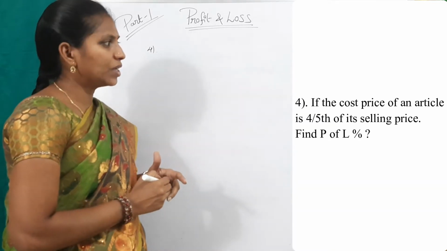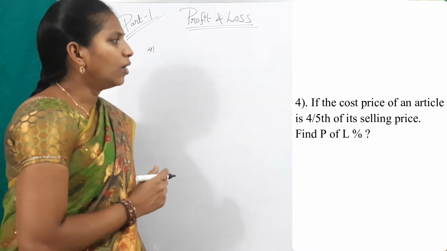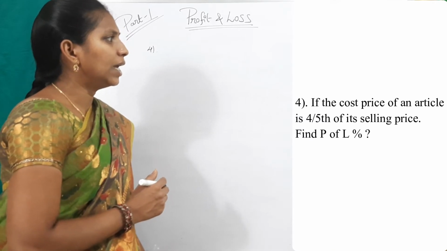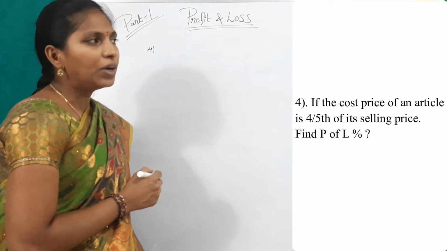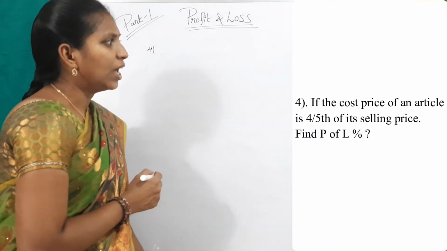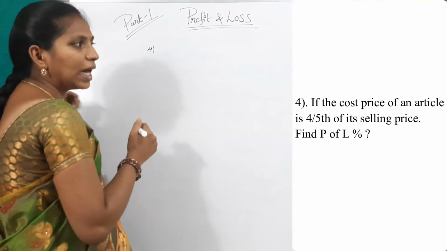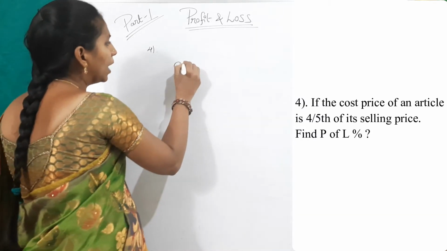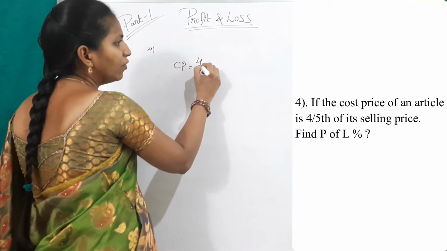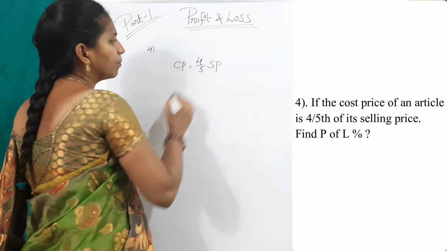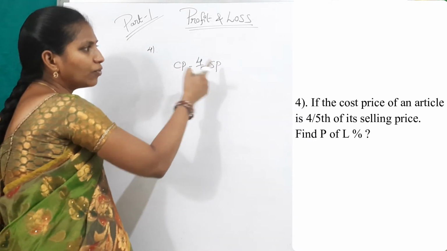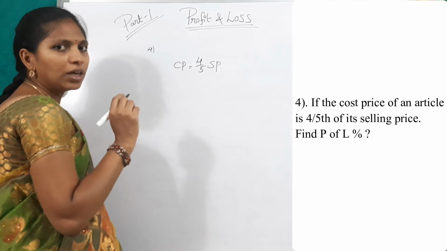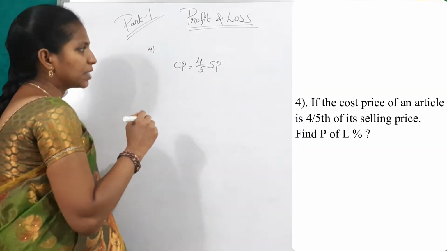Now see fourth question. If the CP of an article is 4/5 of its SP, find profit or loss percentage. CP equal to 4/5 of SP, then finally find out the profit or loss percentage.